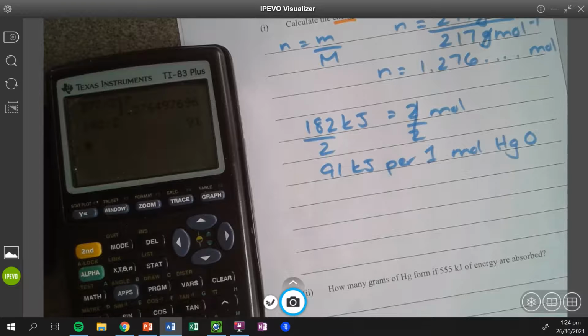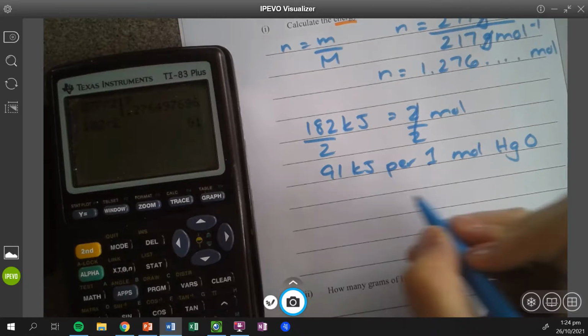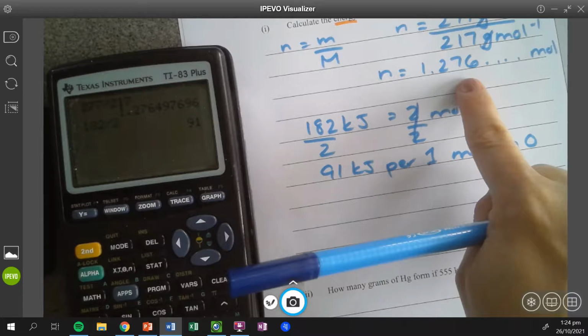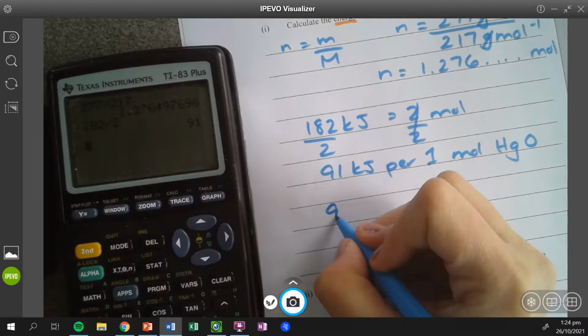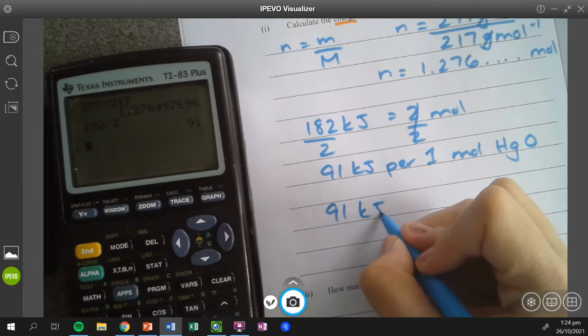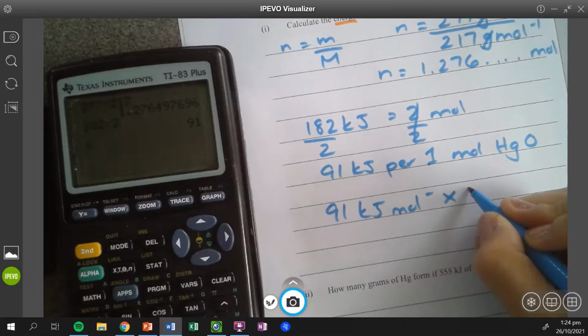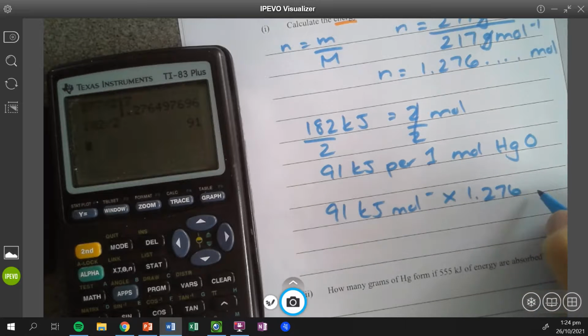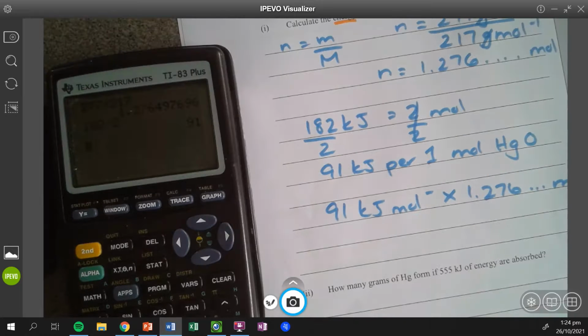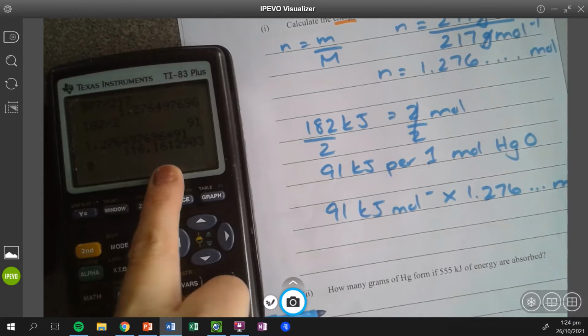All right, so now when I want to figure out the energy release, all I'm going to do is take this number and multiply it by the moles. So 91 kilojoules per mole times the 1.276 number that I got. And from there, I'll be able to figure out what the energy is. So 1.276497696 times 91, and I get 116.16.